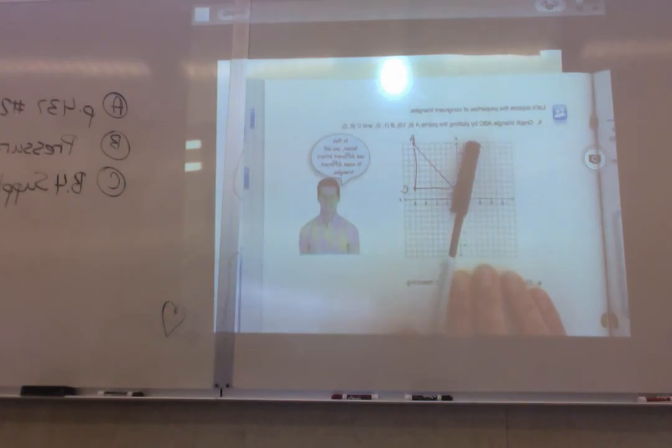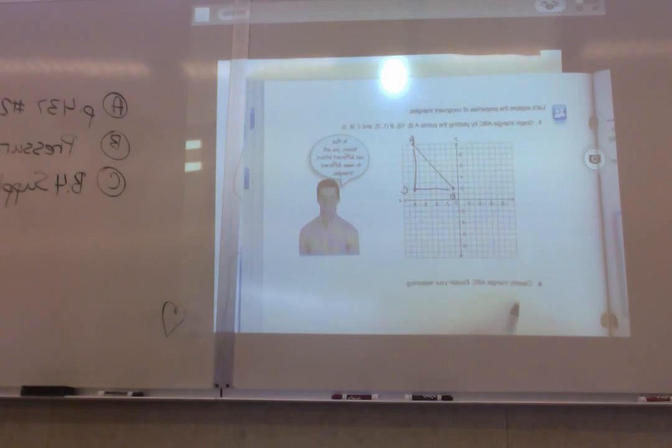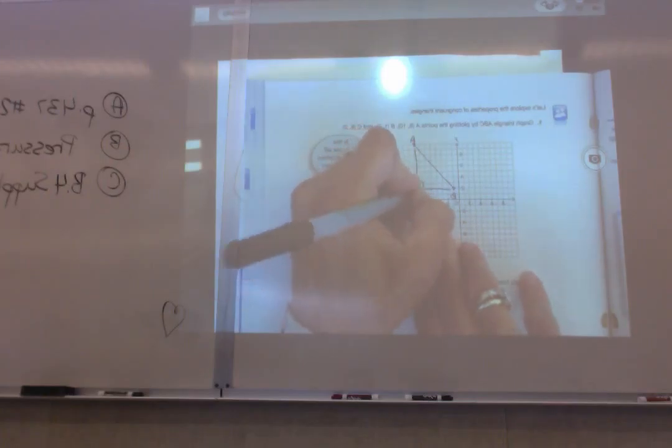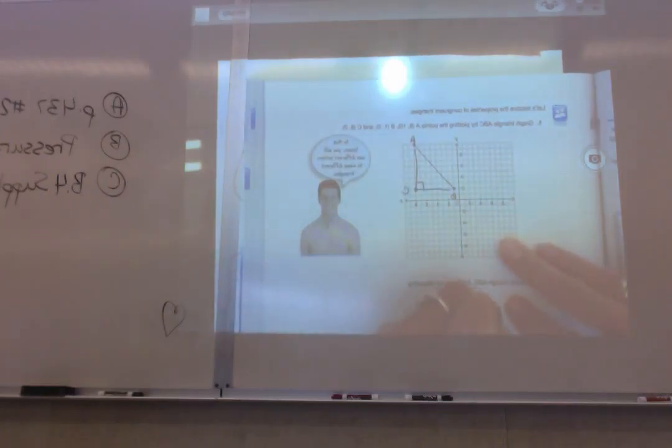Graph triangle ABC by plotting these points. Classify triangle ABC. Explain your reasoning. There's this one, so Brody can see it already. This is a right triangle.